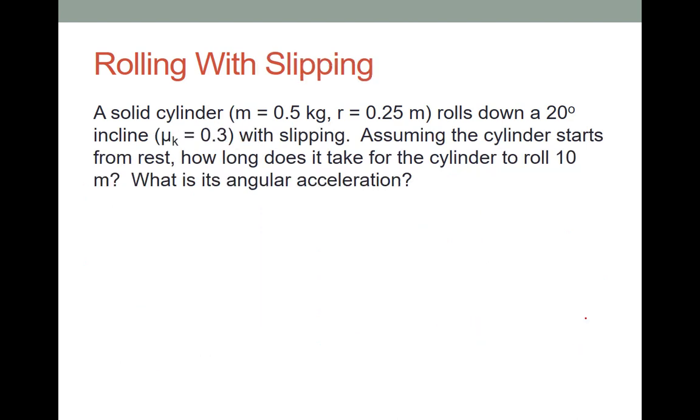In the last example, we are going to have the same cylinder rolling with slipping down a 20-degree incline. You're given the coefficient of friction. You want to know, again, how long does it take, and what is the angular acceleration?